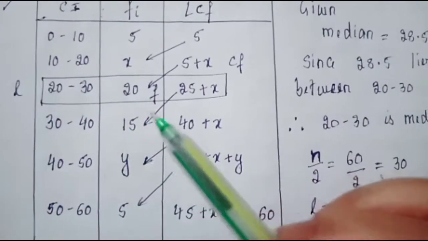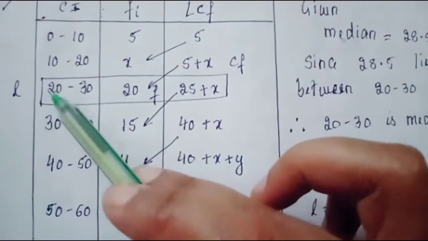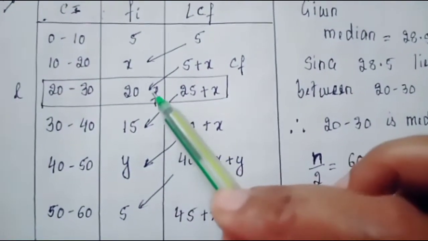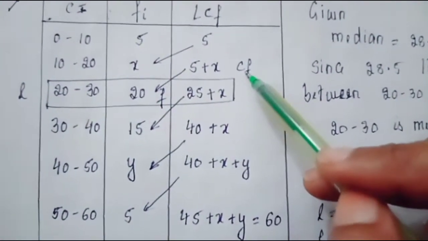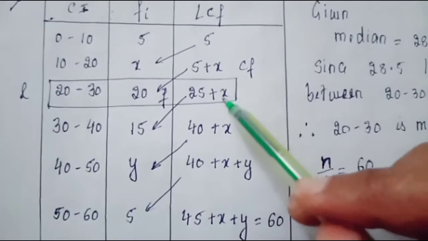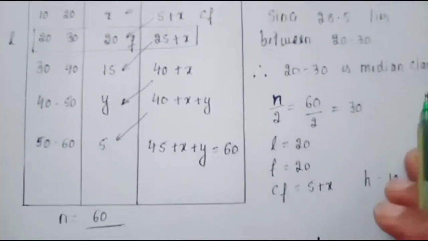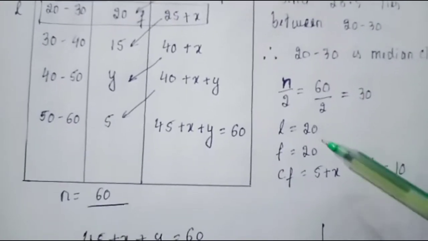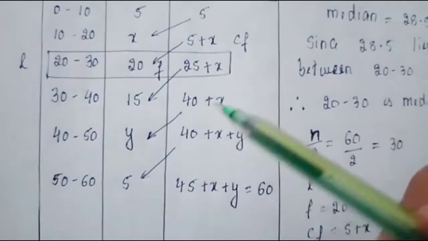Now it is time to find L, F and CF. L is the lower limit, that is 20. F is the frequency of the median class, that is 20. CF is the cumulative frequency preceding the median class, that is 5 plus x. So note all the values L, F, CF and H. As you know, 30 minus 20, that is 10, is the class size.